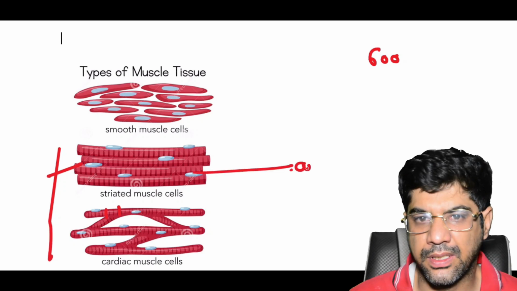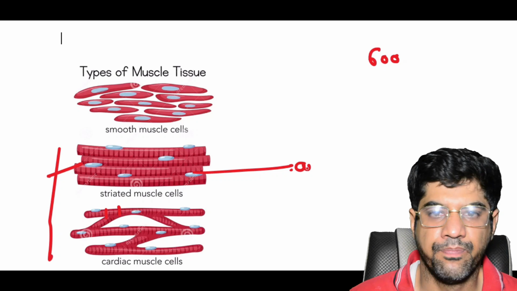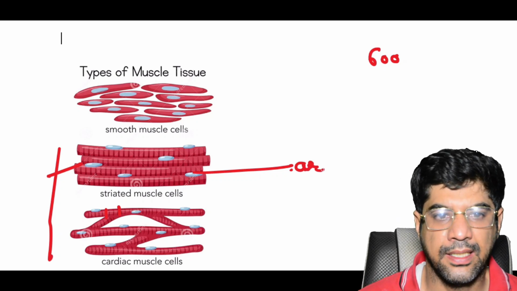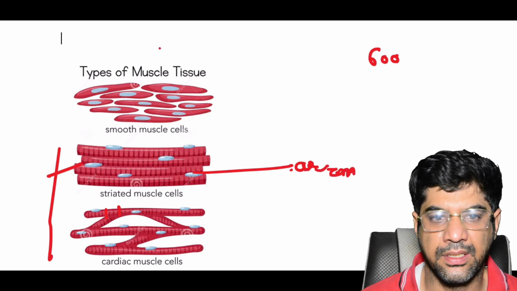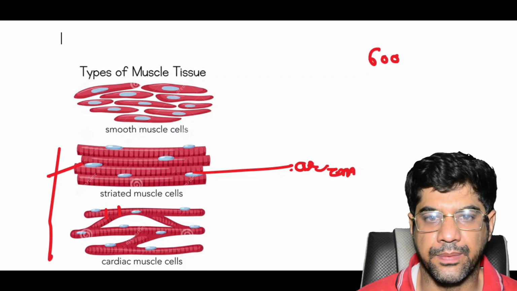Remember, striated muscle is a muscle with a large number of transverse lines or striations. Examples are the skeleton and the cardiac muscle. So you can see here the transverse striations.